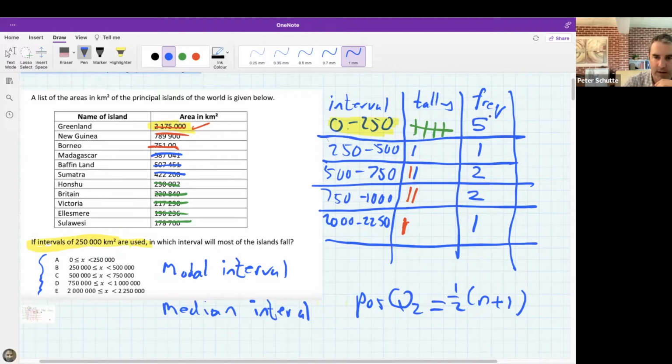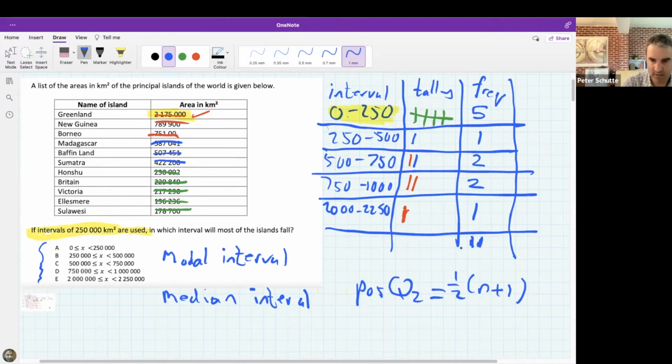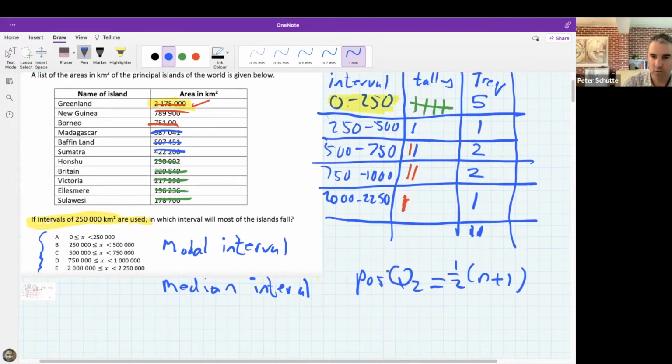So if we think about this, we've got 5 items in this interval, 6, 8, 10, 11. There are 11 items in my data set. So when I ask what n is going to be, it's 11. So what I want you guys to do is first find me the position of the median, and then we'll ask about what the median interval is.